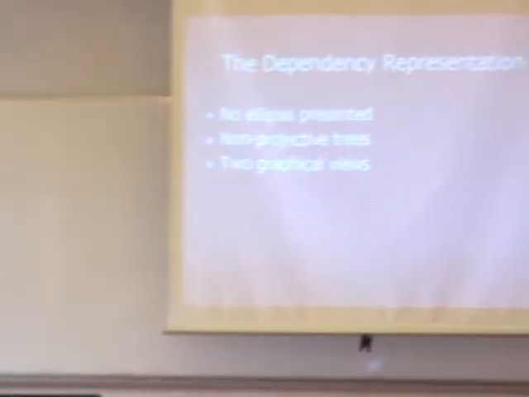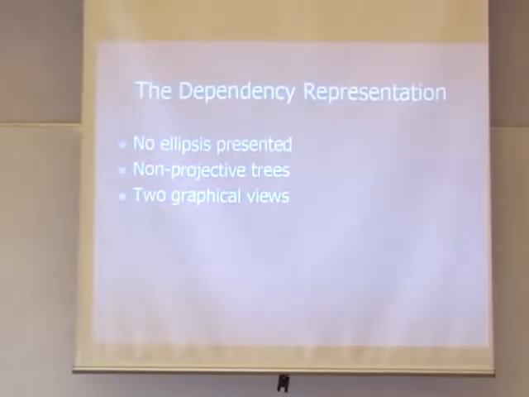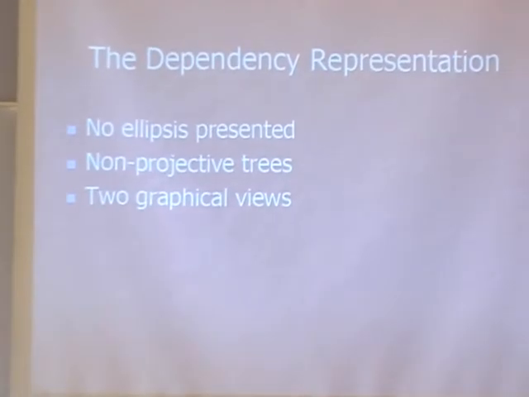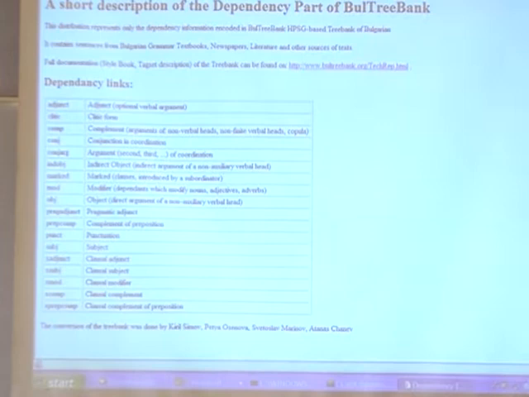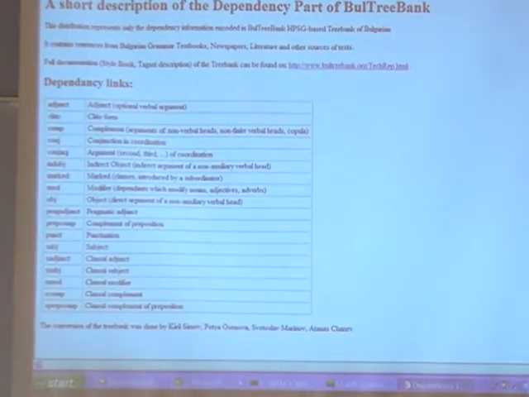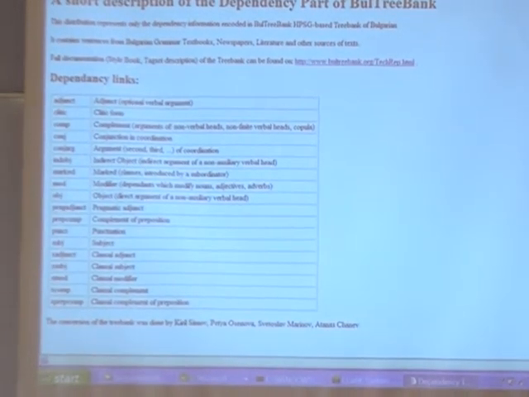Our non-projective trees are better than the projective ones, because otherwise it's not the reality for Bulgarian. And we can present two graphical views. So I know that it's not readable, but we have the list of dependency links on our web page. So I'm not going to pay too much attention here.